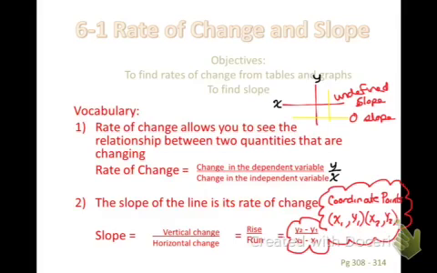Another way of looking at it is that the slope is the vertical change, the up and down, over the horizontal change, which is left to right. Another way of looking at it is the rise over the run. Now, they also will give you coordinate points, and here are two coordinate points.